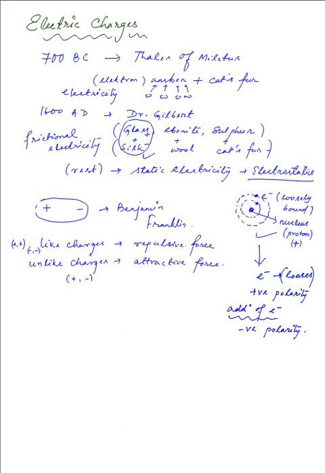Whenever it comes to a body carrying some amount of charge, let us say a body has 10 coulomb of charge and another body has minus 10 coulomb of charge, we may be asked which of these bodies has a greater amount of charge. Well, if we are comparing in terms of magnitude, obviously the magnitude of charge is the same. But the polarity is different.